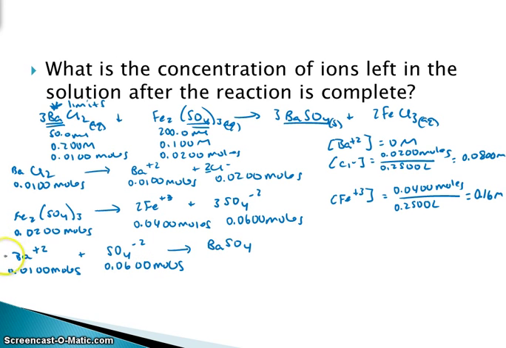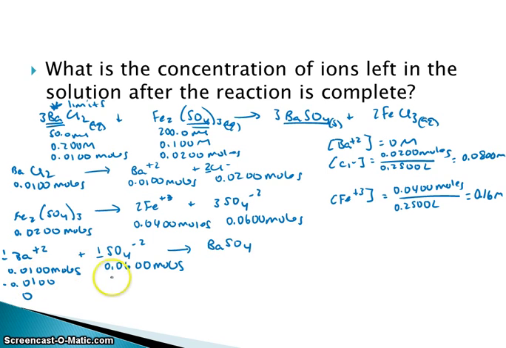Now the balanced equation tells us for every 1 mole of barium ion, 1 mole of sulfate ion is going to react. So if all of our barium ion reacts, 0.0100 moles that reacts, we don't have any barium ion left. And that makes sense because it's the limiting reactant.